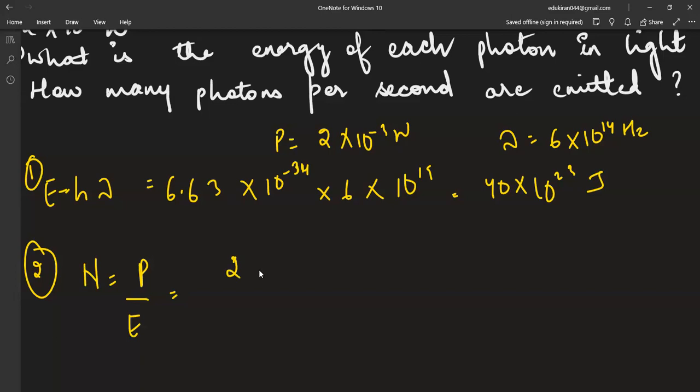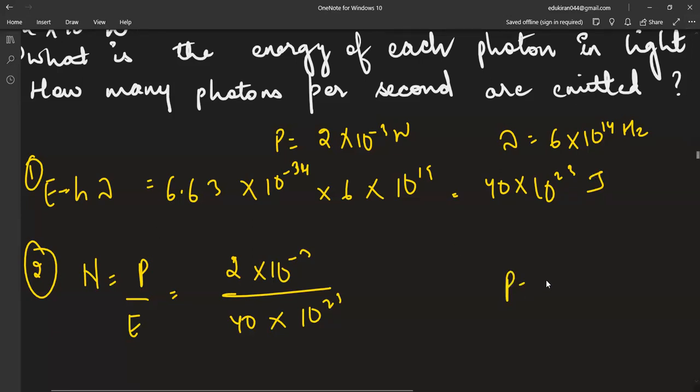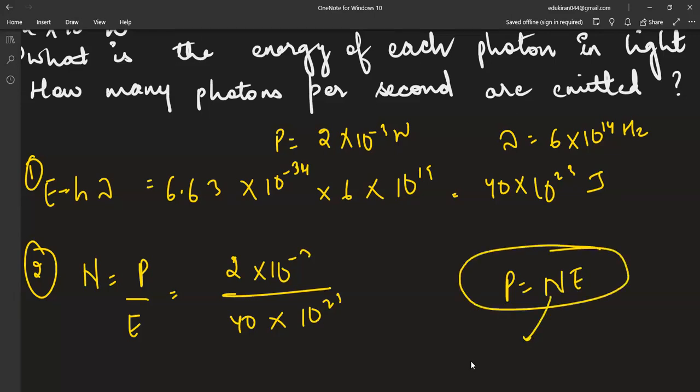So power is 2 into 10 to the power minus 3 by energy, which is 40 into 10 to the power minus 20. So you can calculate whatever it is. It will be the number of photons. Basically, I wanted to tell you P is equal to N E is the formula that you have to use in such questions, where N becomes the number of photons.